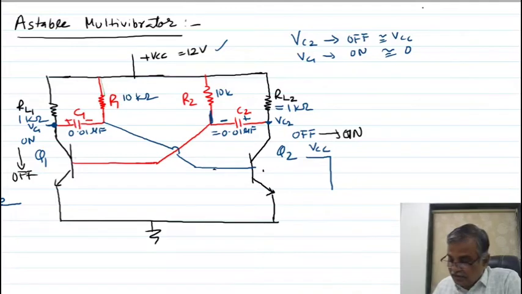Look here, as this voltage becomes 0, this capacitor starts discharging through R2 and Q2. As this is discharging, this negative discharge voltage is coming to the base of Q1. As a result, Q1 will come in an off condition, which I am showing you this way.